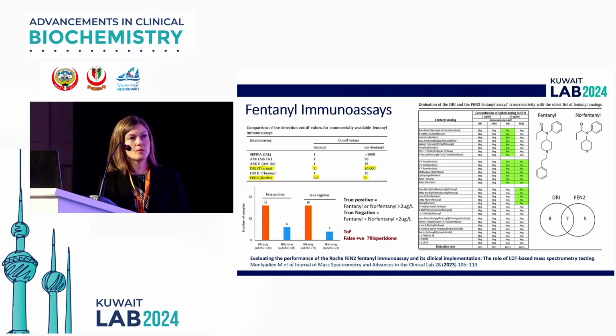It's a big problem that people are illegally making fentanyl analogs and selling them. So they wanted to see which of those analogs were detected by those two immunoassays. Quite interesting results in that paper.